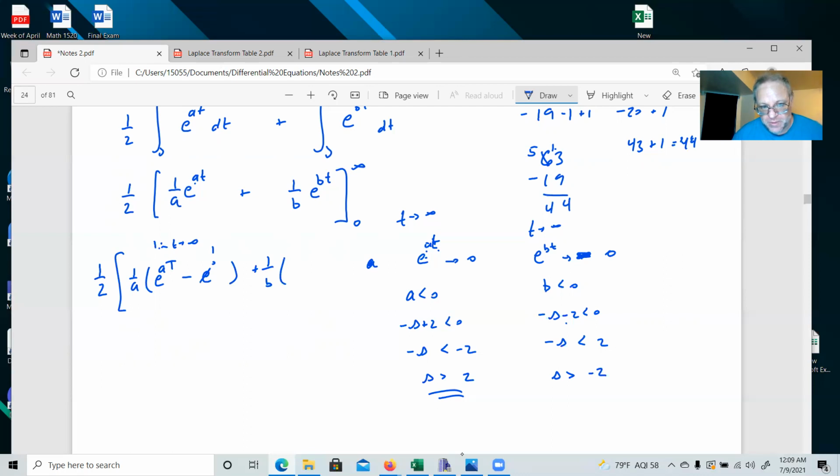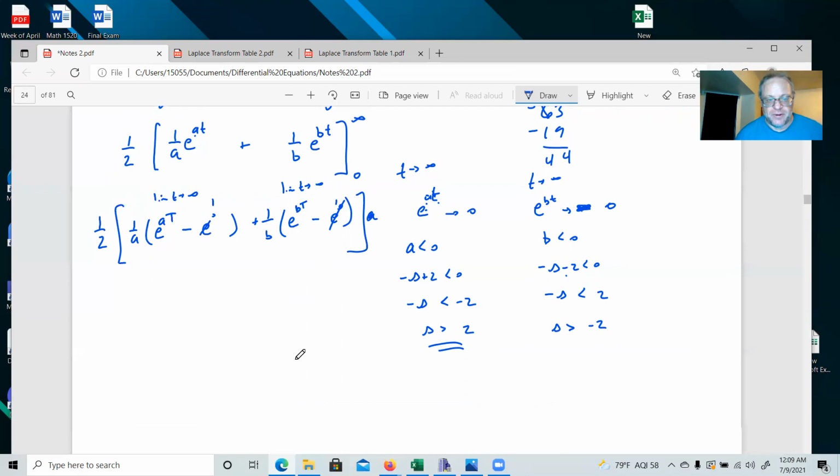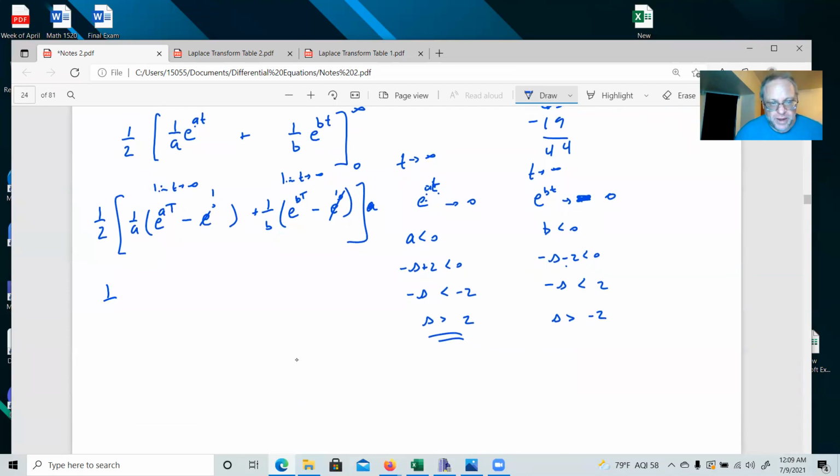Here we've got e to the bt, again limit as t goes to infinity, minus again e to the 0, which is 1. Then what we have here is a 1/2. Here's a 1 over a. This is a 0 minus 1, isn't it? Plus a 1 over b. And again, this is a 0 minus 1.